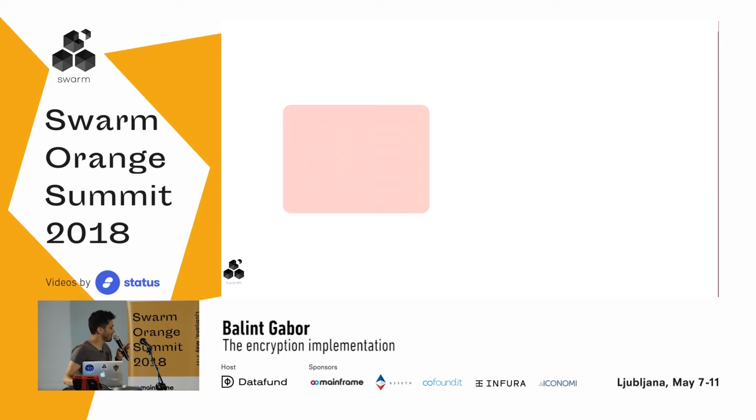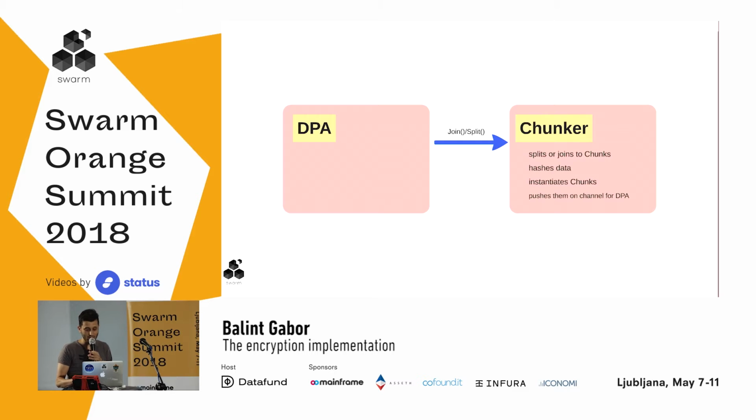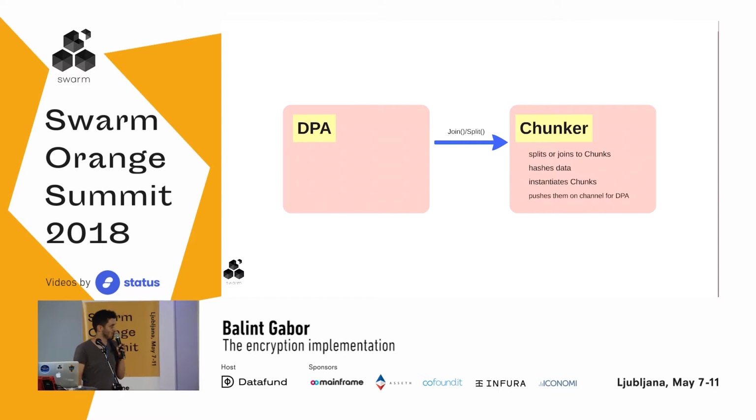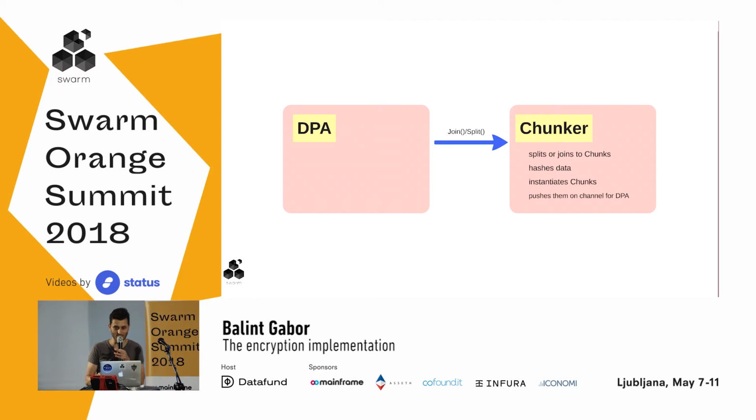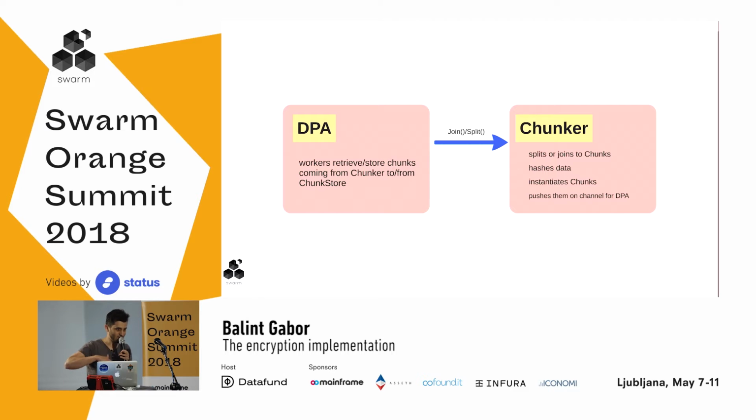Let me again show the overall architecture. We had the DPA that called a join or a split on the chunker. Then the chunker splits or joins a chunk, hashes the data, instantiates the chunk objects, and pushes them on the channel for the DPA to retrieve or store. In the DPA, there are workers who are instantiated and constantly listening on these channels and retrieve and store chunks.